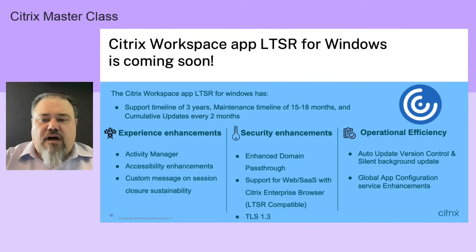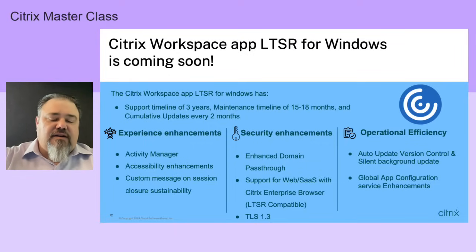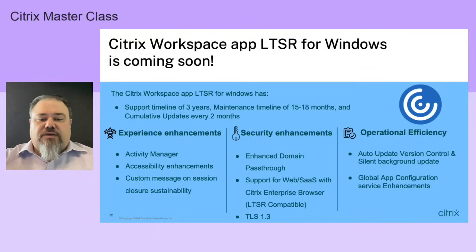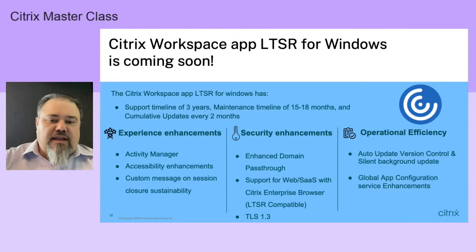We do have auto update version control that could stay there and do silent background updates. There are a lot of enhancements in here. Another one in here is the Citrix Enterprise Browser, which is LTSR compatible and allows you to provide an enterprise browser that has security policies in place to give you a secure browser for your web and SaaS apps.